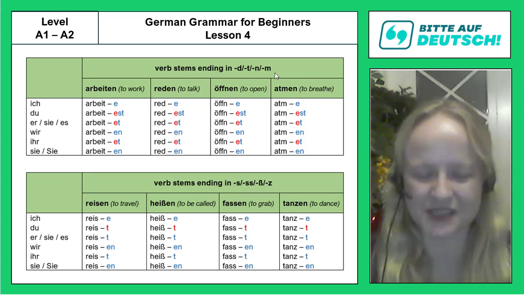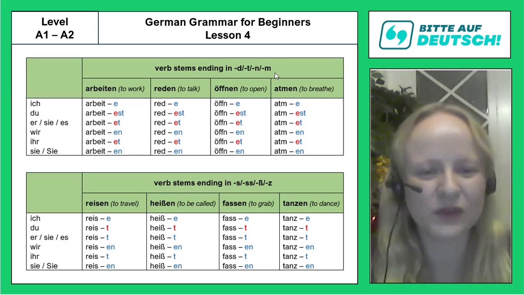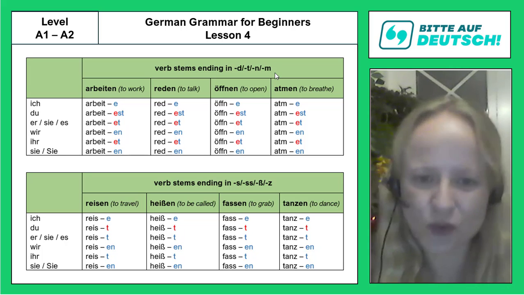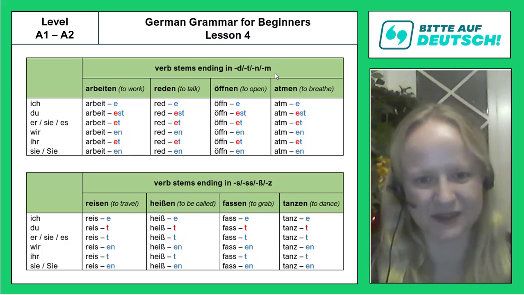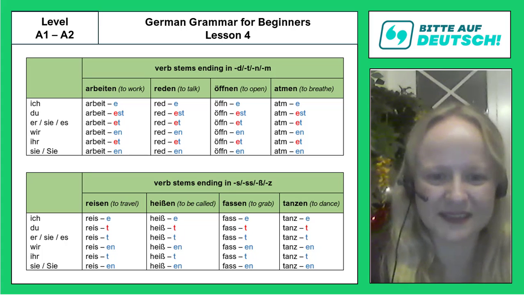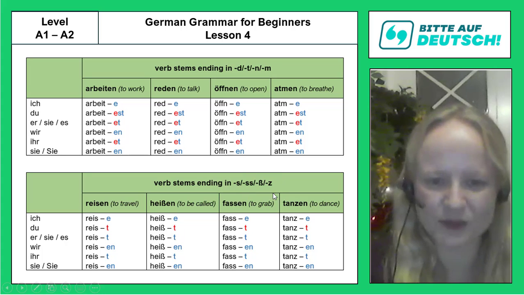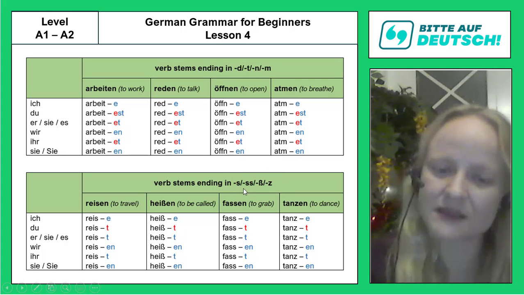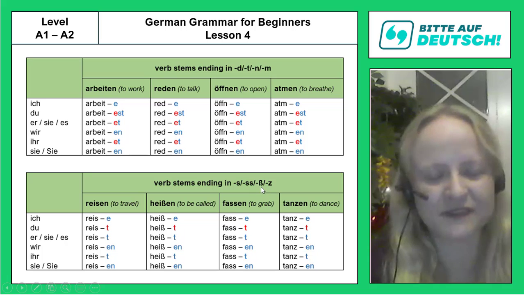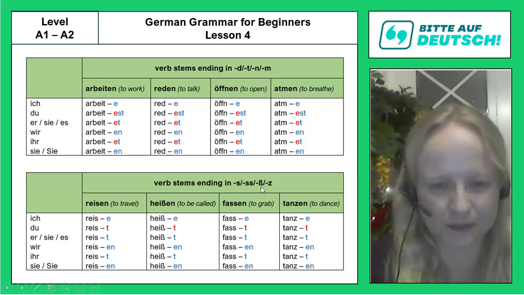Now, there's another change that sometimes occurs when we have verb stems that end in some sort or form of an S sound in German, okay? So all of these letters that you see down here are considered S sounds in the German language. We have a normal S, we have a double S, we have this letter here, which looks quite peculiar.